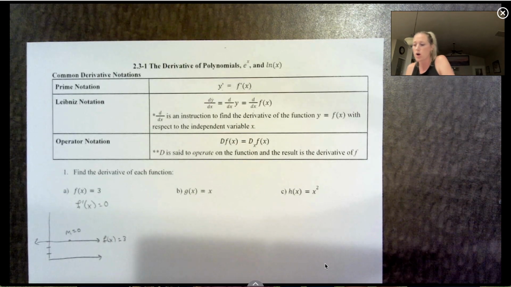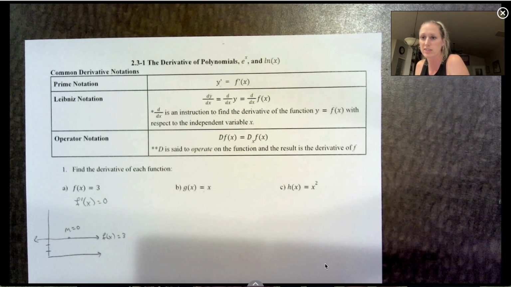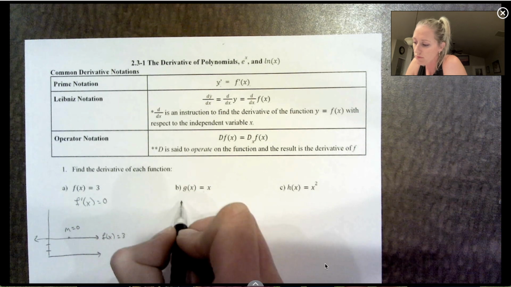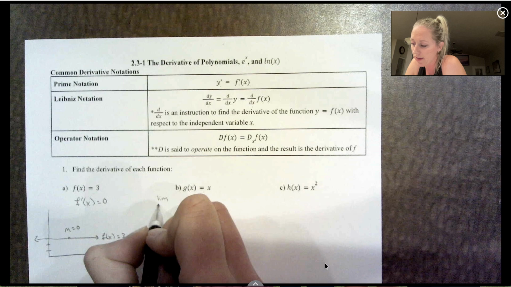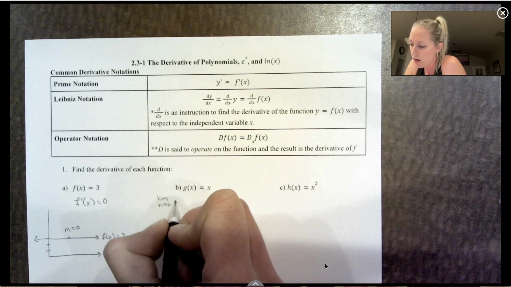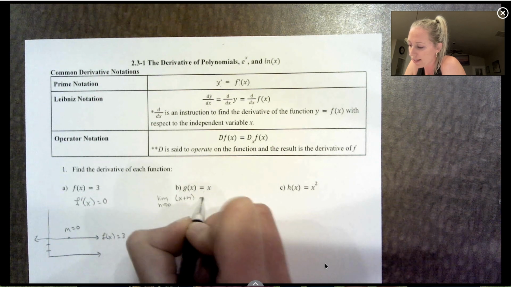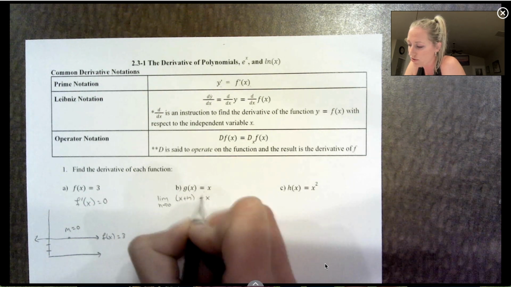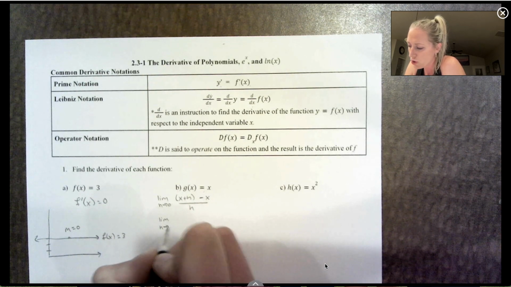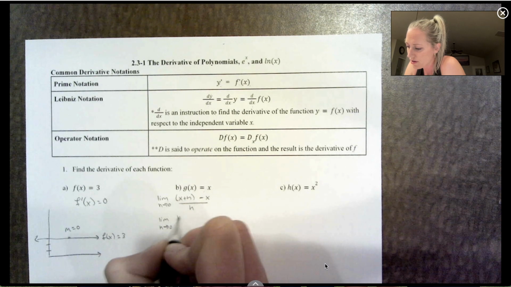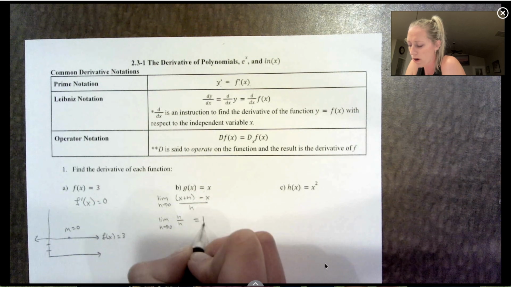for this function. Okay, so now let's look at if it's not a constant and if it's just g of x equals x. So if I were to use my definition of a limit, we would find the limit as h approaches 0 of x plus h minus x, right? There's f of x plus h, there's f of x, over h. So if I were to simplify this, we'd get x minus x, which is 0, and then we'd be left with h over h, which is just 1.